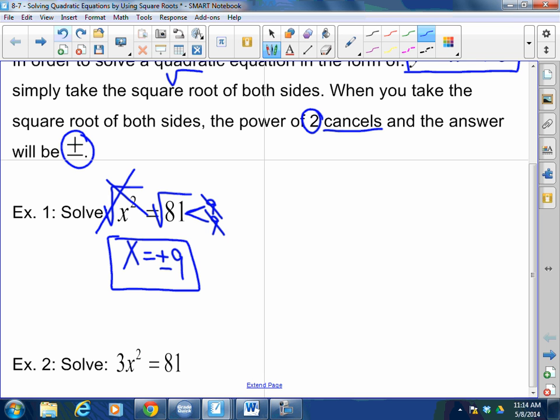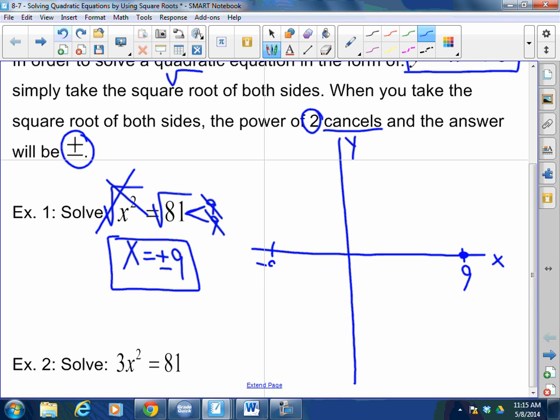Now, how does this relate to what we've been doing, Mr. Morrow? Check it out. What are my zeros? What are my solutions? What are my solutions here, guys? Negative 9 and positive 9. Those are the x-intercepts, correct?